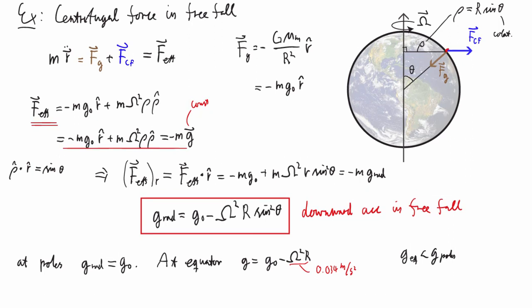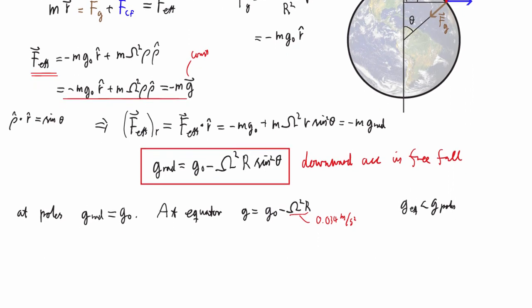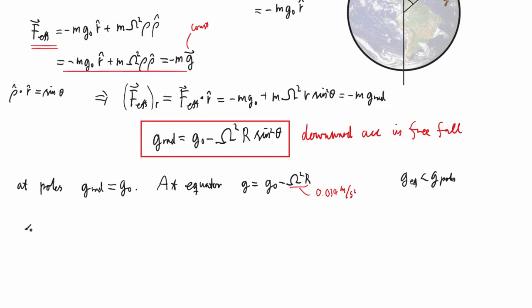So that's the radial component of g. We can look next at the tangential component of g. Well, if we take our F effective and take a scalar product with theta hat, that's the same as F effective in the theta direction.